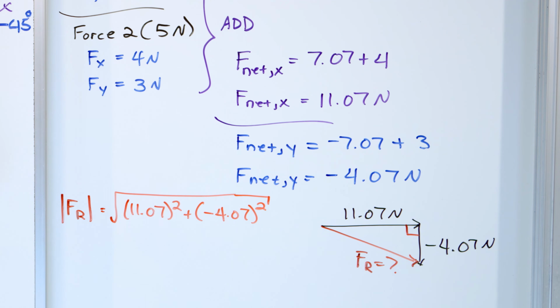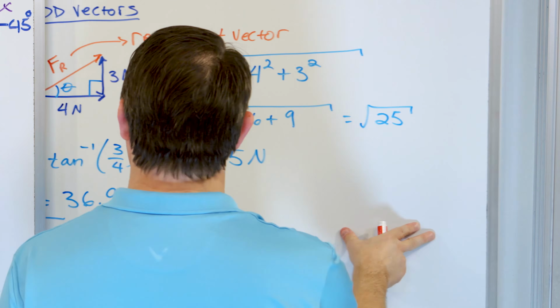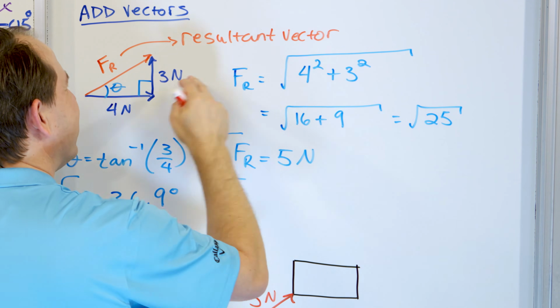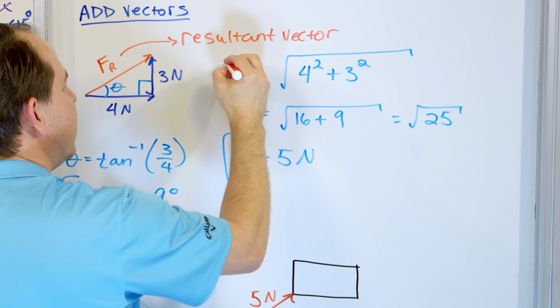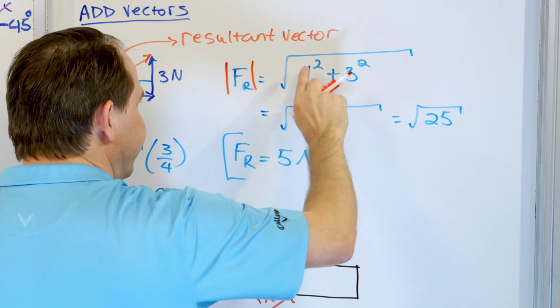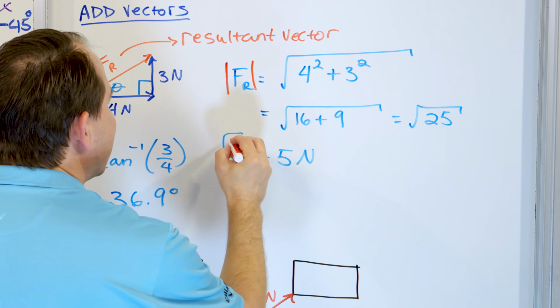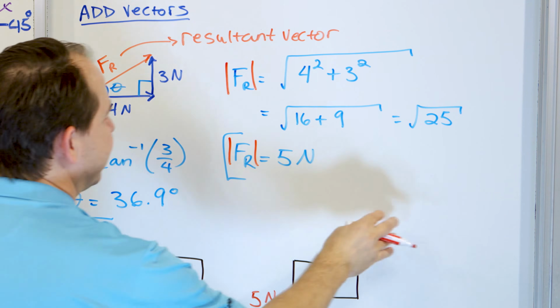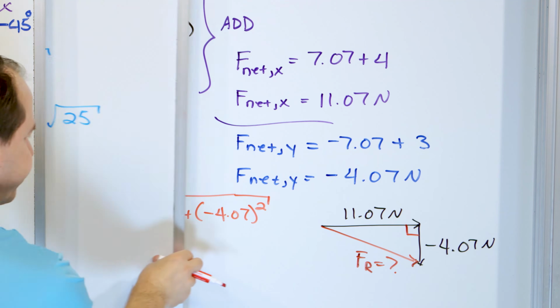And before I do anything else, let me go back here. Yeah, so when I put the resultant vector is equal to this, Pythagoras, I was a little sloppy. Really, you should put the absolute value of the resultant. It's just the length, equal to the square root of the squares of these things. So the length of the resultant vector is equal to the 5 newtons at this angle. That's the way you should write that.